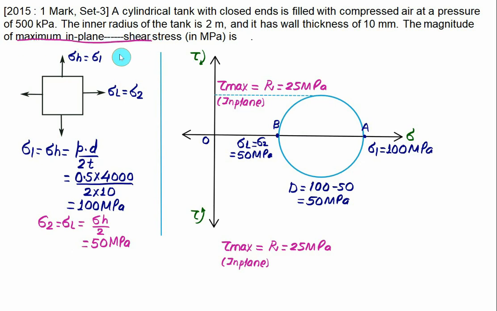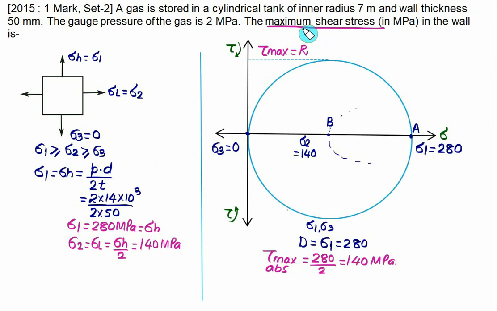That makes a difference. In the case of maximum in-plane shear, you have to consider sigma 1 and sigma 2. In the case of maximum shear, you have to consider sigma 1 and sigma 3. So using sigma 1 and sigma 3, we can calculate the maximum shear, and we get the answer exactly equal to 140 megapascal, which is nothing but the radius. So this time we have radius r equal to 140 megapascal.